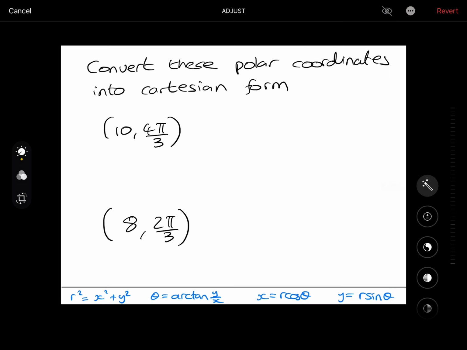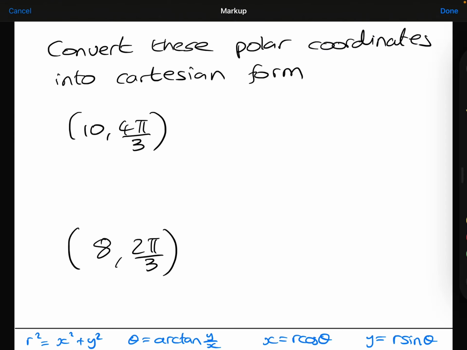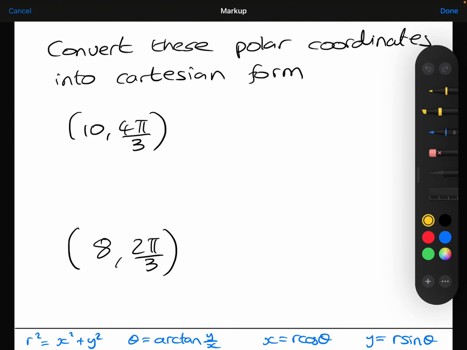Right, what about going the other way? So we want to convert these polar coordinates into Cartesian form. So we're using these formulae to help us do this, because we're trying to turn the r and the theta into an x and a y.